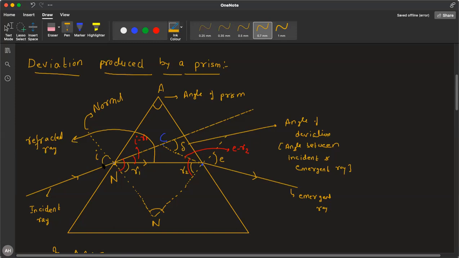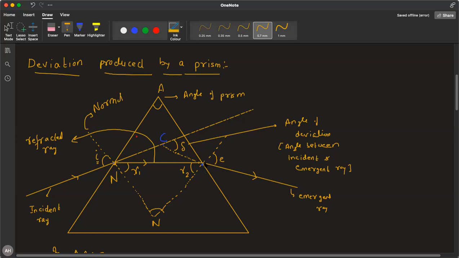So this is the angle of incidence. This one is the angle of refraction. Let's rub these angles for the time being. We don't need these angles. So for the first surface, this is the angle of incidence and this is the angle of refraction. This is the second surface. The ray is moving from glass to air.